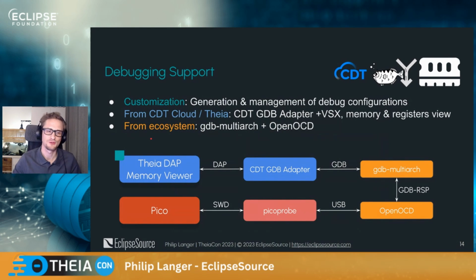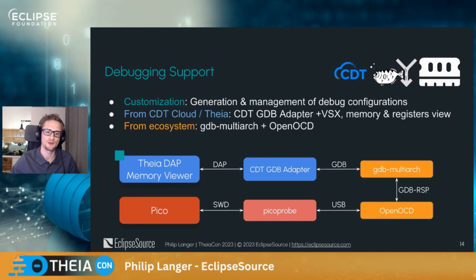Actually, very easy. So you see again this color here, the customization that we actually needed to do is just configuration. It's basically the generation and management of a debug configuration for a component of the CDT Cloud ecosystem, which is the CDT GDB adapter plus its VS Code extension. And of course, we benefit also from the memory view and registers view from the Theia project.